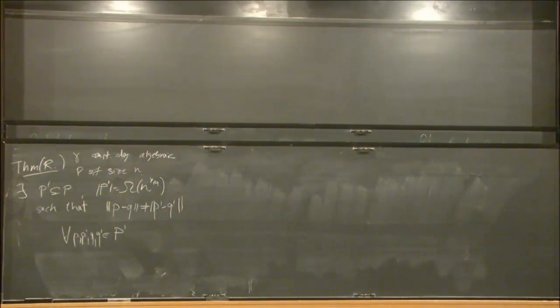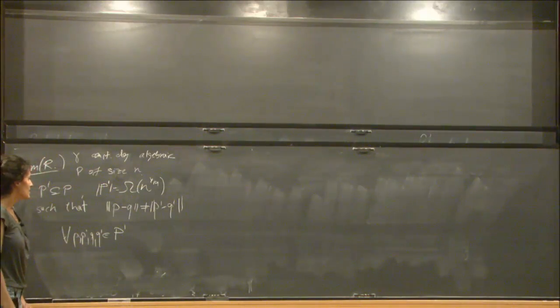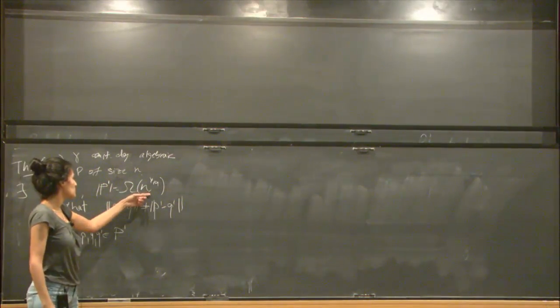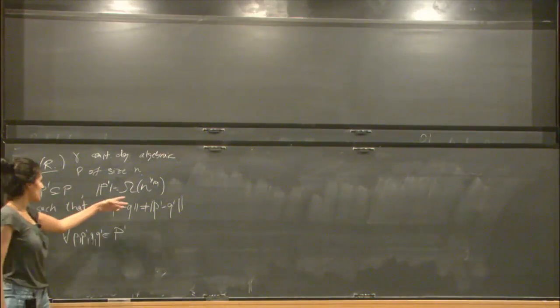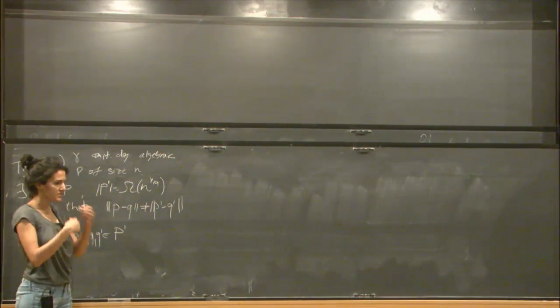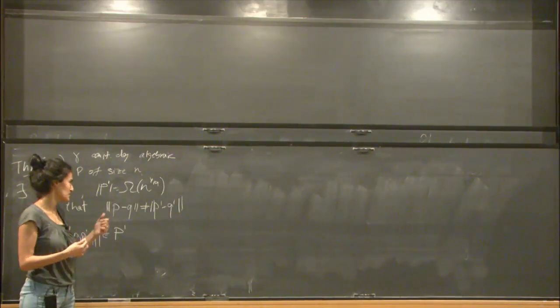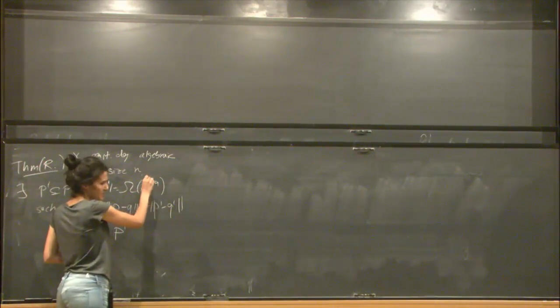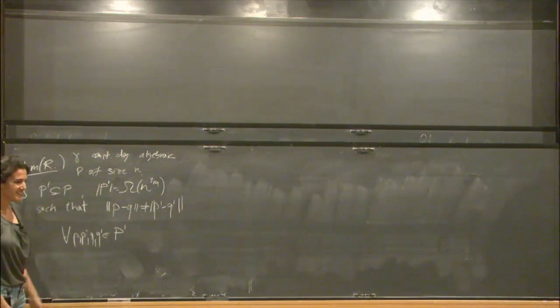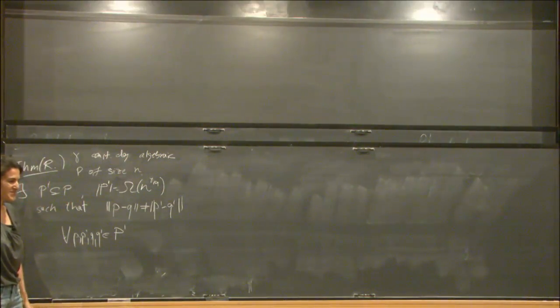So 1/2 is not true? Sorry? 1/2 would be possible? So I think in general you cannot improve 1/2. I think that it should be at least 1/2, but for certain curves, I believe that 1/2 should be true, but I don't know how to prove it. So you think 1/2 should be true? Yes. This is the short answer.